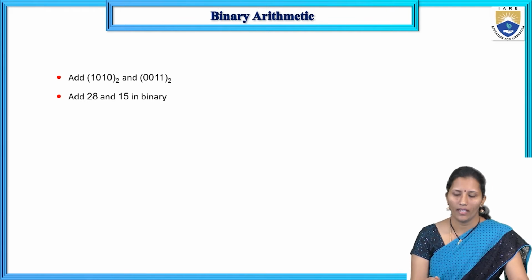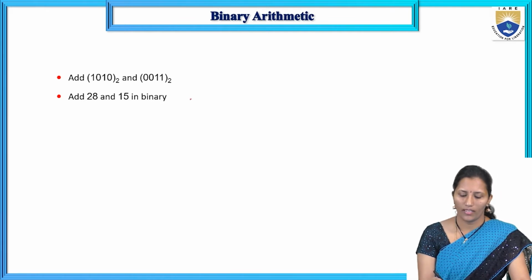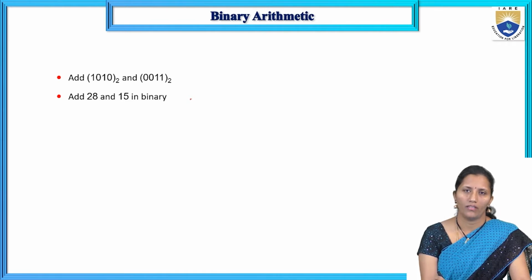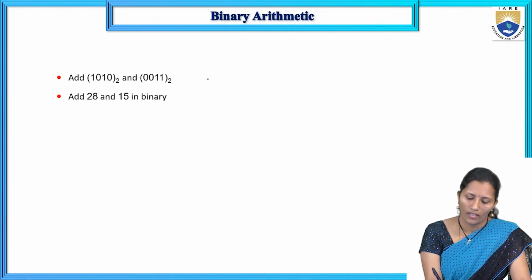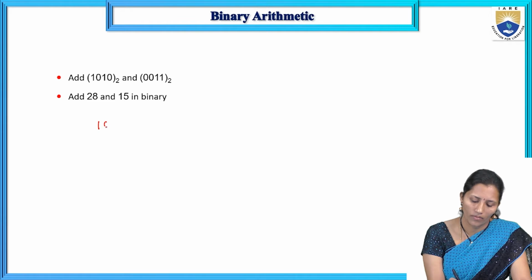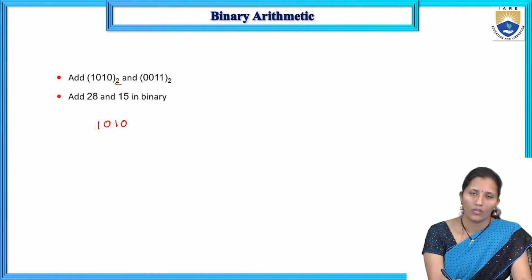For binary addition, we know the basic two-digit additions: 0 plus 0, 0 plus 1, 1 plus 0 and 1 plus 1. Using these, we are going to perform addition between 1010 and 0011, where the radix is that of the binary number system.